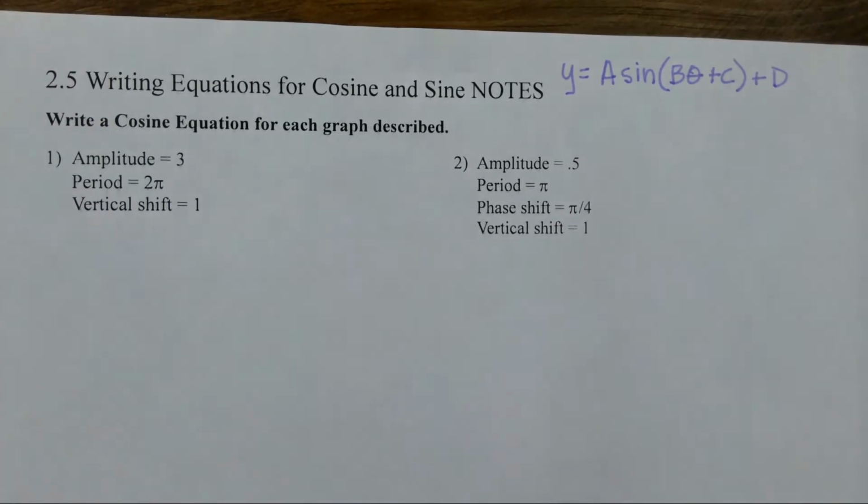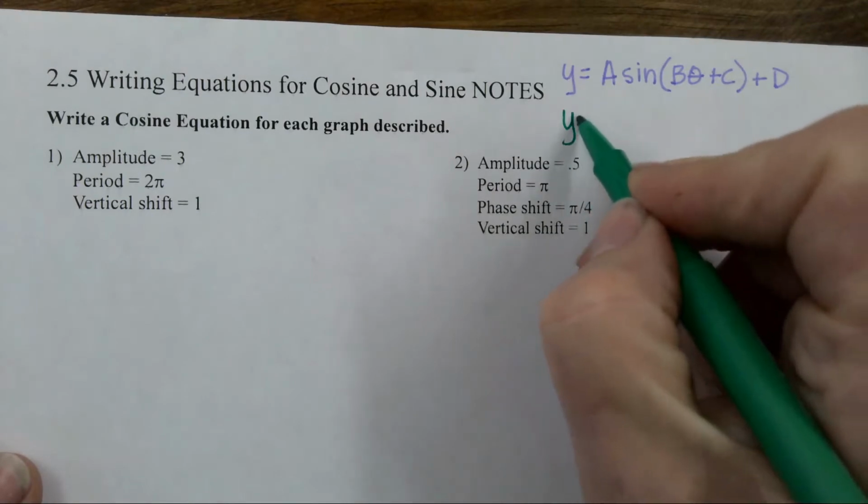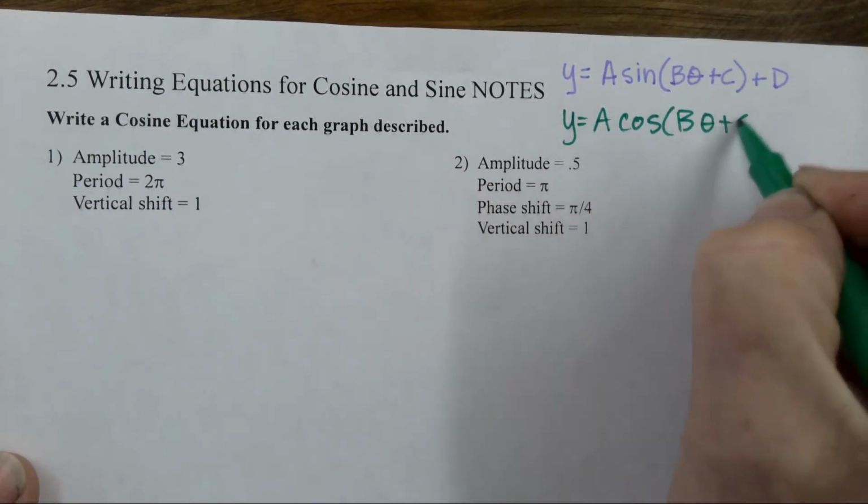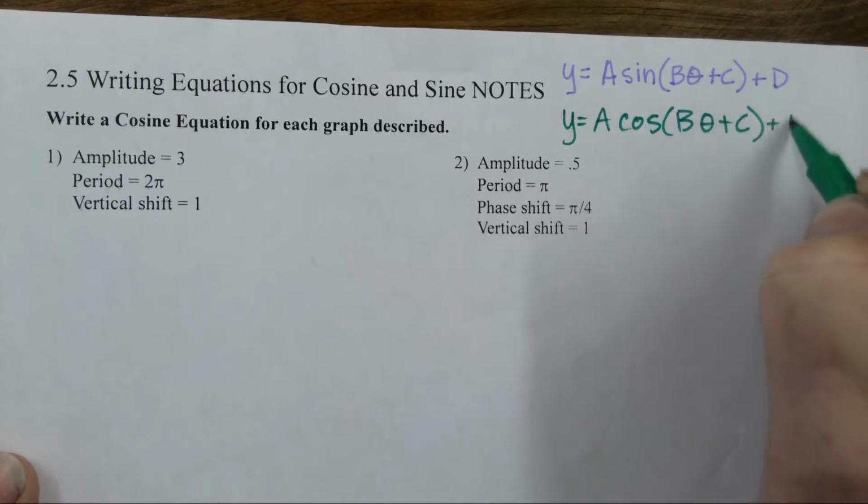And all of those little numbers, or letters rather, are involved in finding the pieces of information that we need. It's the same for cosine. Cosine is the one that we're going to be doing first. Y equals a cosine b theta plus c plus d.